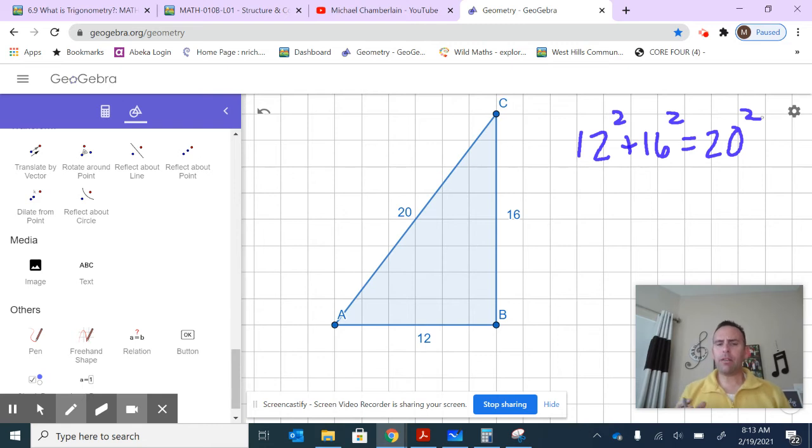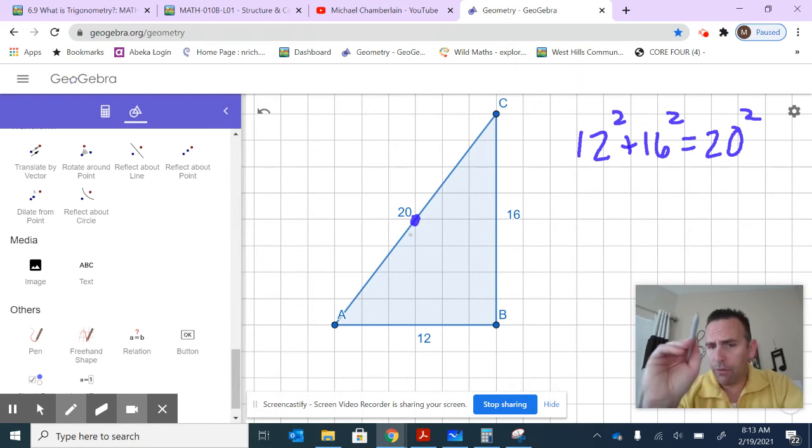But what I want to talk a little bit about is the smaller right triangles that can be created inside it. And the way you do that is you can cut this up by putting a point anywhere on the hypotenuse. So let me give you an example. If I were to put a point right here in the middle, it appears to be the middle of the hypotenuse, and I were to draw either a vertical or horizontal line, notice what happens. First, a vertical.